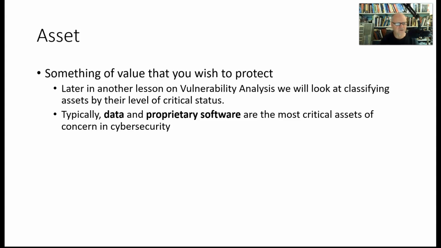You can't necessarily replace your data. If you have internal proprietary software and it's lost, you can't replace that easily. If it's external software, such as commercial software, yes, you can replace that. Hardware you can replace. Those are non-critical, but data and proprietary software are usually critical.